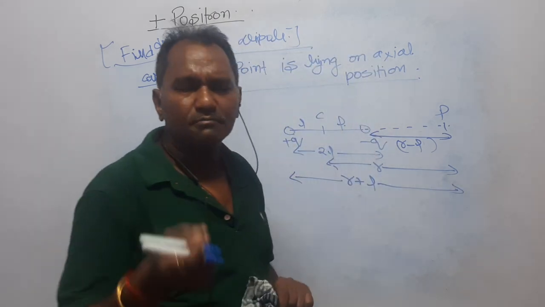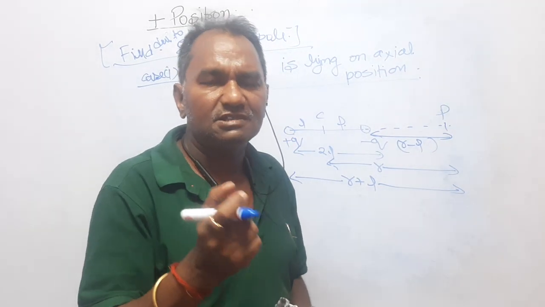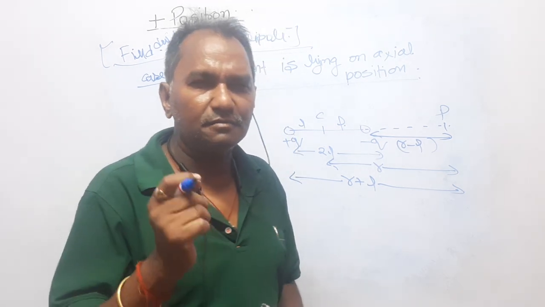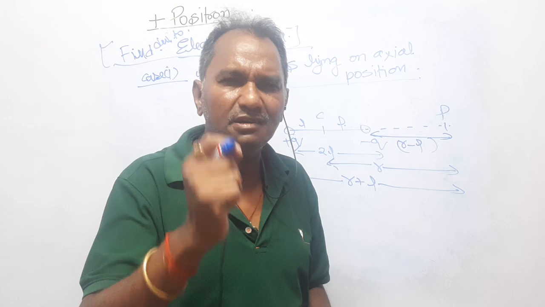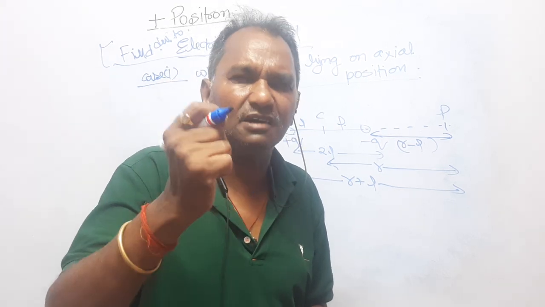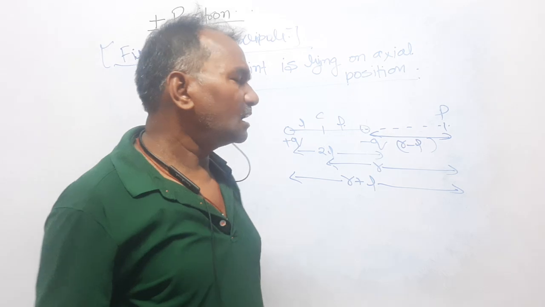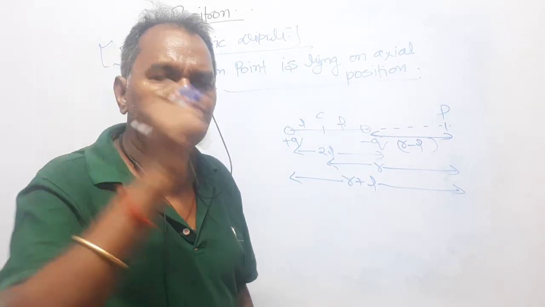Now dear students, I am just repeating what I said when I was discussing the electric field with you all: whenever you have to find the electric field intensity at any point, just consider a positive test charge placed there, or just imagine a positive test charge kept there.